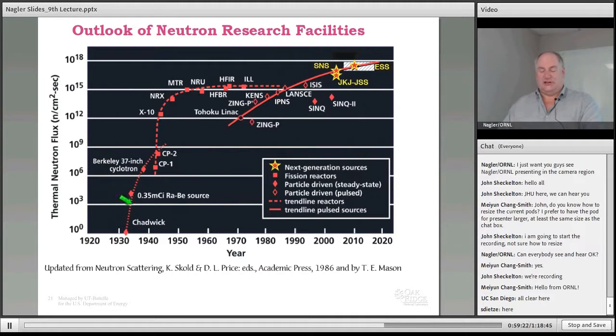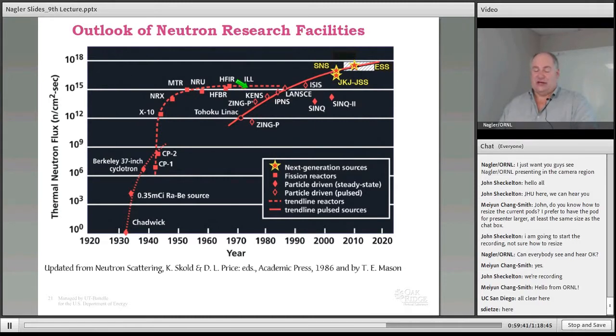You can see that people started out with various kinds of handheld sources and cyclotrons, finally started building reactors, and eventually achieved high flux reactors like HFIR and ILL that have neutron fluxes of 10 to the 15th neutrons per square centimeter per second.